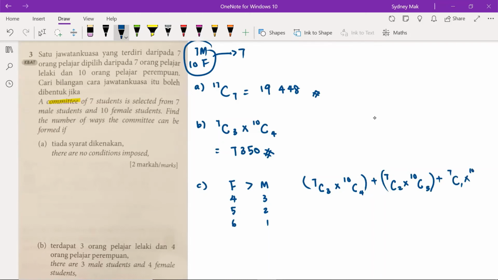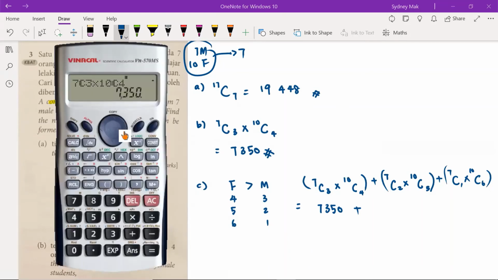Out of the 10 female, we choose 6. Okay, the first part we already found in B, so that is 7,350 plus 7C2 over 10C5. The r values for both add up must give us 7, yeah?